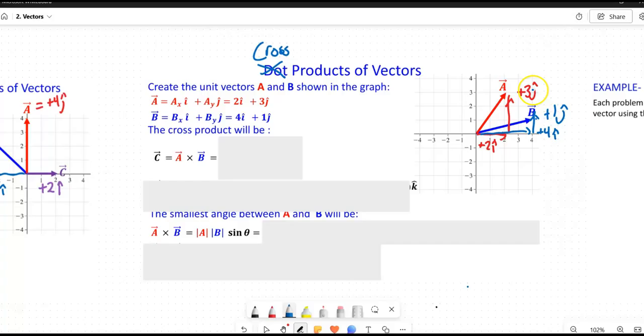Okay, so if we multiply the vertical components, my guess is, I don't know, we're going to take the perpendicular components, so we're going to take the positive 2i and multiply that by positive 1.